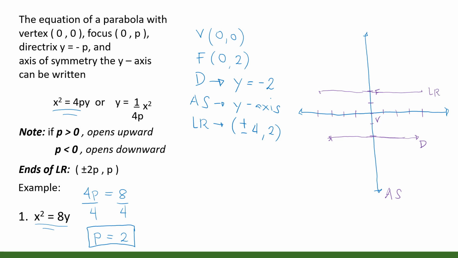And then from the vertex, we make a smooth curve. On the other side, a smooth curve. And now we have the graph of the parabola. We see that it opens upward. As we said, 2 is greater than 0, so the parabola should open upward. So this is the answer to our example number 1.